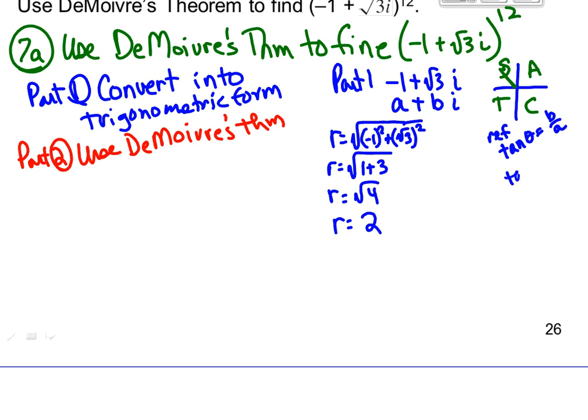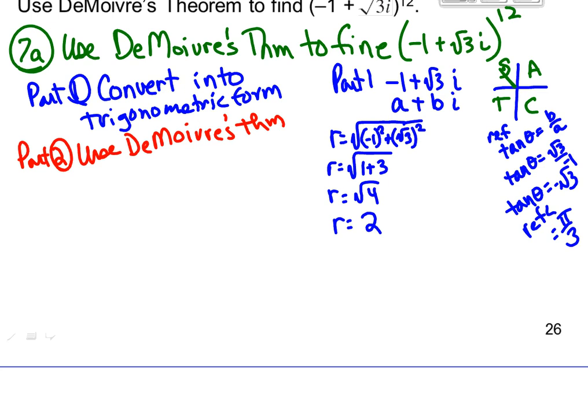And so the tangent of theta is the square root of 3 over -1, so the tangent of theta is negative square root of 3. Think about your chart for the trig functions, and if you're at the square root of 3 for tangent, the reference angle is pi over 3.